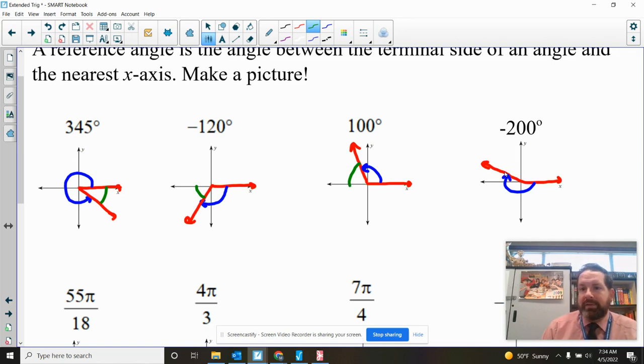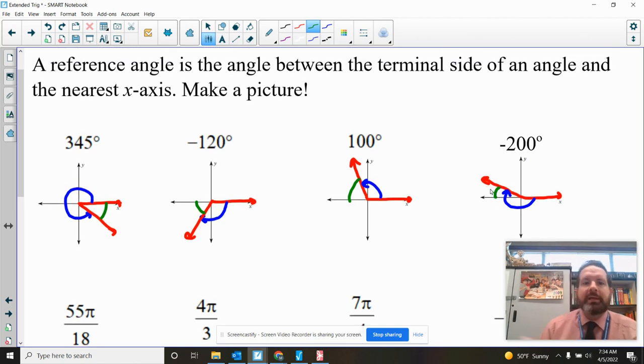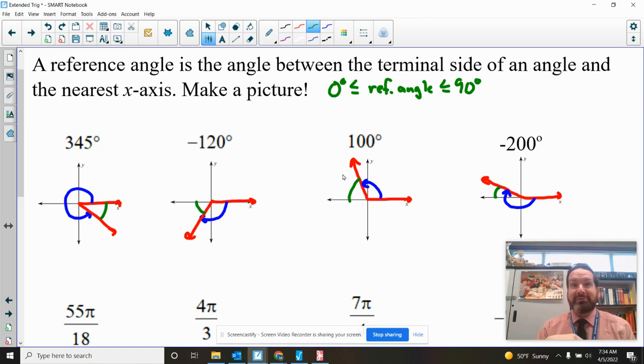And here, it's either going to have to go all the way back to there or to there. Always pick the small one. So a note on your reference angles, they should always be between 0 degrees and 90 degrees, because you're never more than a quarter turn away from your nearest x-axis.